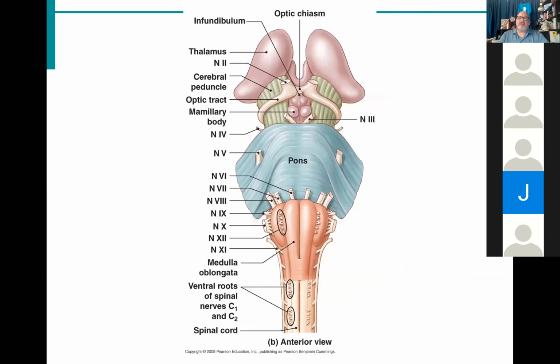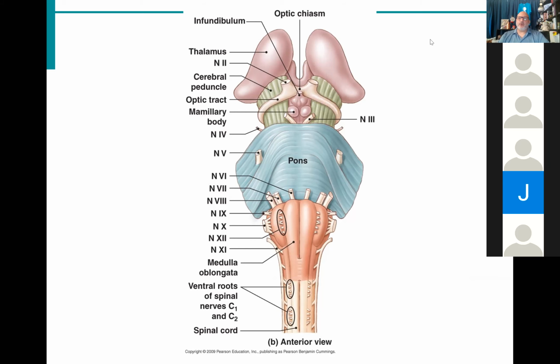But notice if we actually take an anterior view of this, here in green, these big bundles of axons heading up from the spinal cord up towards the cerebrum, this major pathway of axons going up to the cerebrum is what is known as the cerebral peduncle. You see it very nicely in this anterior view.